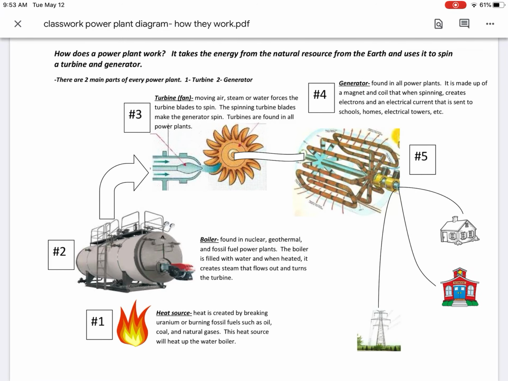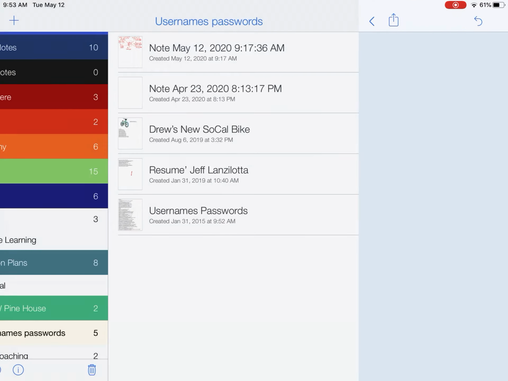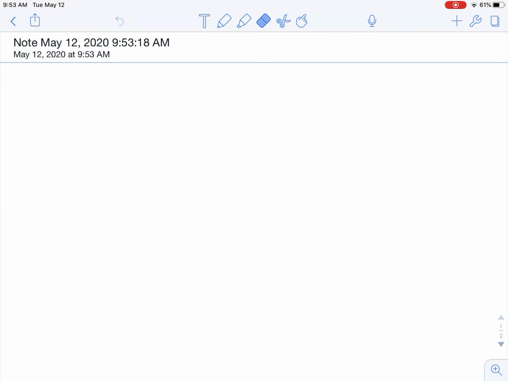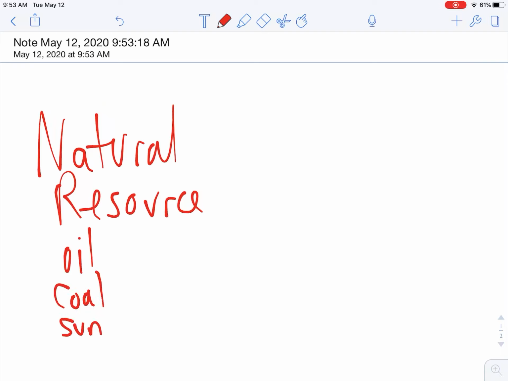A power plant is used, and it takes a natural resource, maybe it's oil, maybe it's coal, maybe it's sunlight, maybe it's water, maybe it's plants, maybe it's uranium, whatever it may be.